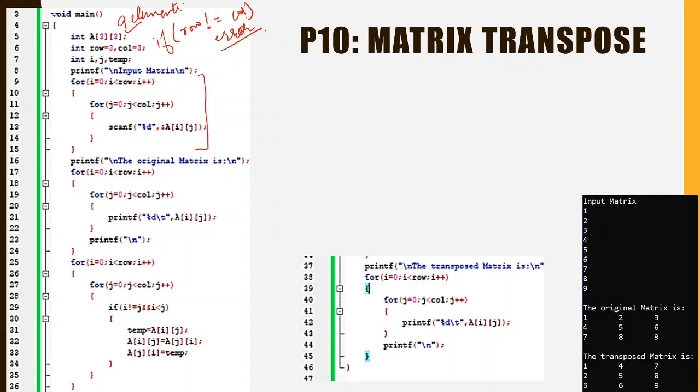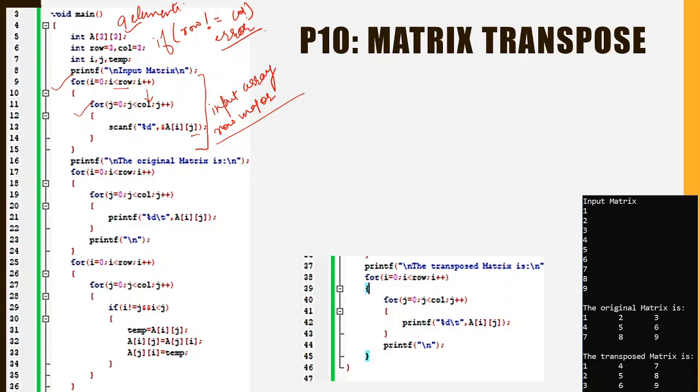Okay, so for i equals 0, i is less than row, and i plus plus. What we are doing is taking the input array, and the method we have followed is row major. And why row major? Because the outer loop is for row and the inner loop is for column. So for every row you first store all the columns. This is the row major form of storage.